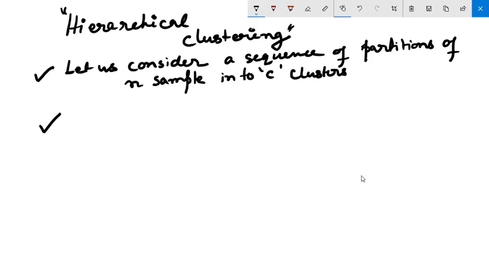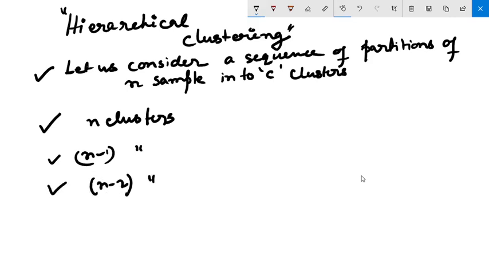First is a partition into n clusters, then n minus 1 clusters, and then n minus 2 clusters, and so on until the nth, in which all samples form one cluster. That means finally we will be having one single cluster.